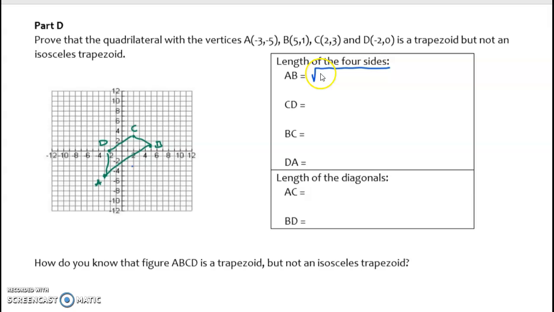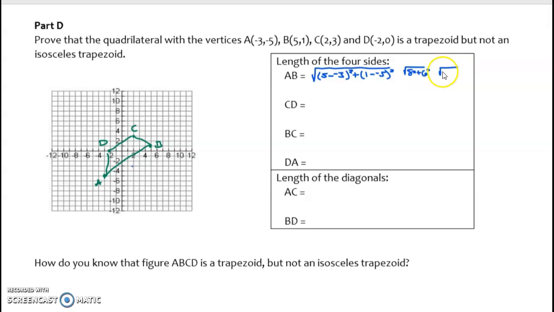Square root, so AB. That means we're going to go 5 minus -3, double sign, no biggie, and then 1 minus -5, squared. So double sign here, that's a plus, so 5 plus 3 is 8 squared, and 1 plus 5 is 6 squared.